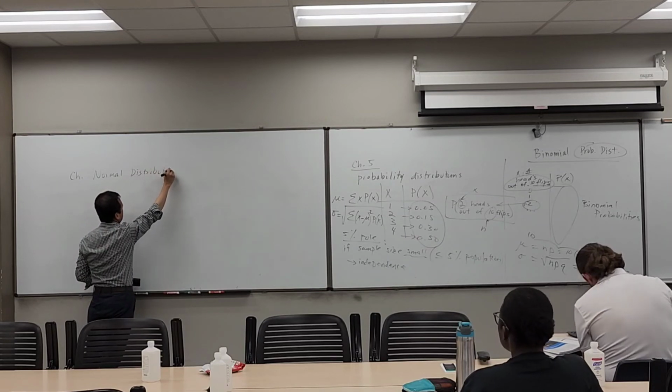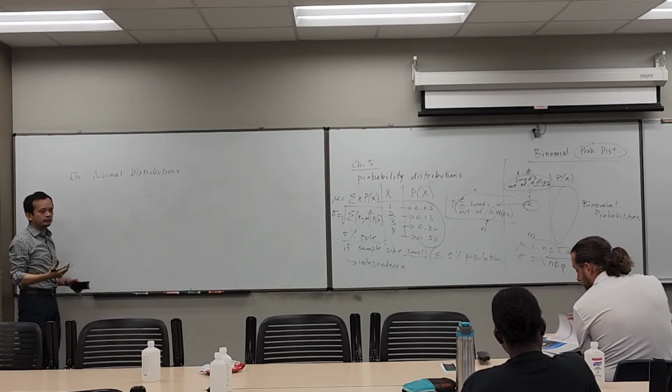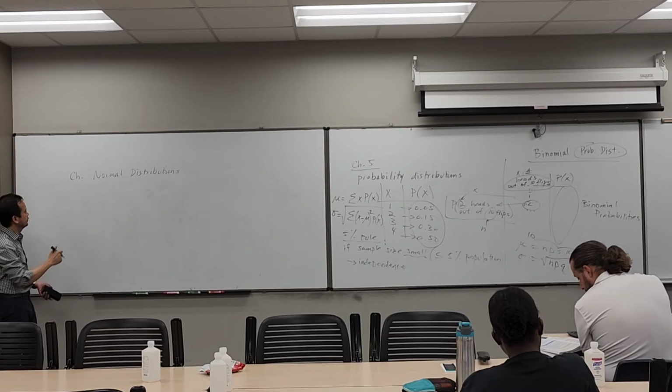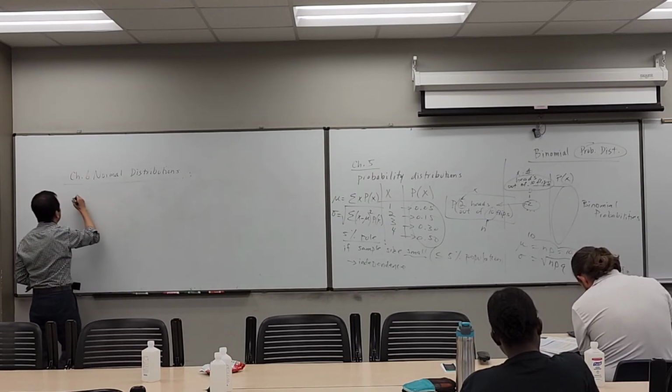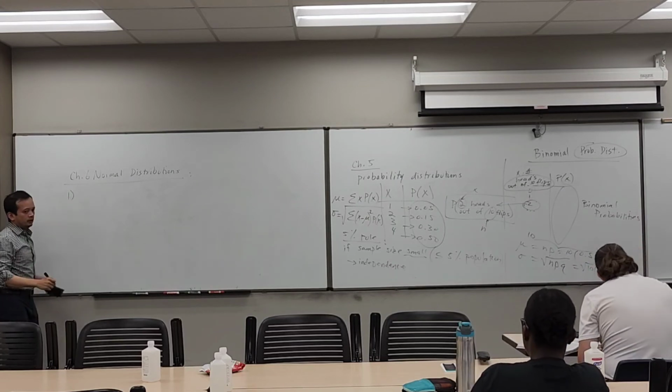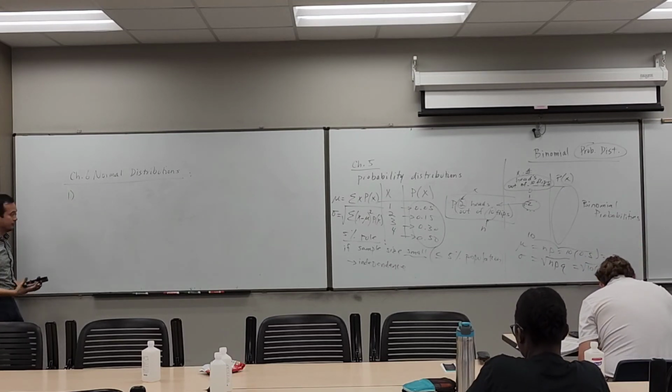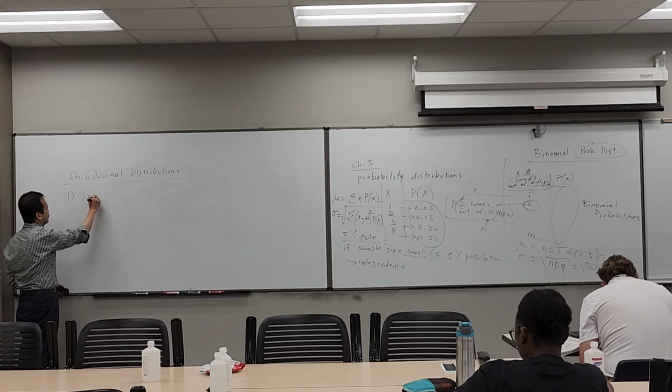Chapter 6 was all the times where we use bell curves, the 3 instances in this class that we use bell curves. The simplest case was when it was given to you that the variable is normally distributed.